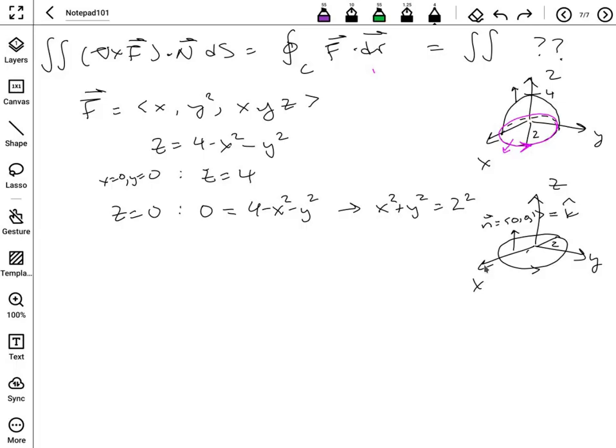And also on this surface, z is 0 because I live in the xy plane. So my f becomes x, y squared, 0, and my n becomes 0, 0, 1. And this is a much easier thing to calculate than the bowl shape that would require a funny normal vector, 3 components of f, etc.